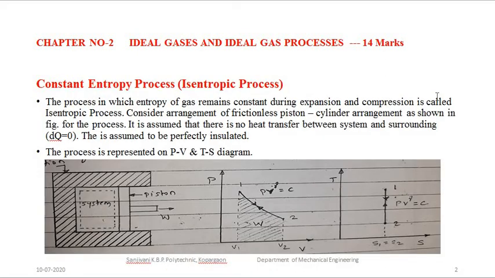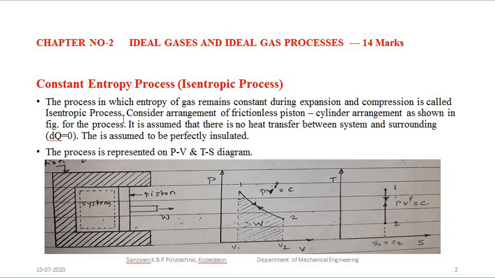So, what is the actual definition of this process and what are we going to consider in this particular ideal gas process, that is the constant entropy process or the isentropic process, or the adiabatic process. The process in which the entropy of the gas remains constant during expansion and compression is called the isentropic process or the adiabatic process.